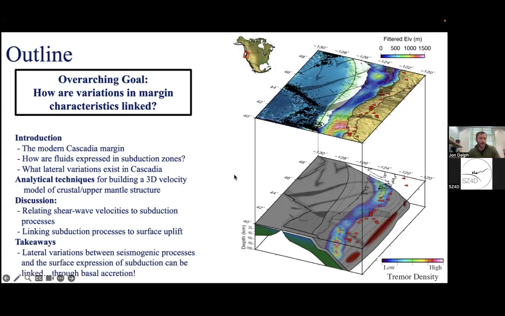And by the end of the talk, I'd like to convince you that I think a lot of the lateral variations in Cascadia can be linked together through a process called basal accretion, or the transference of material from the downgoing to the overriding plate. And we think that the presence of fluids makes this process much more efficient.